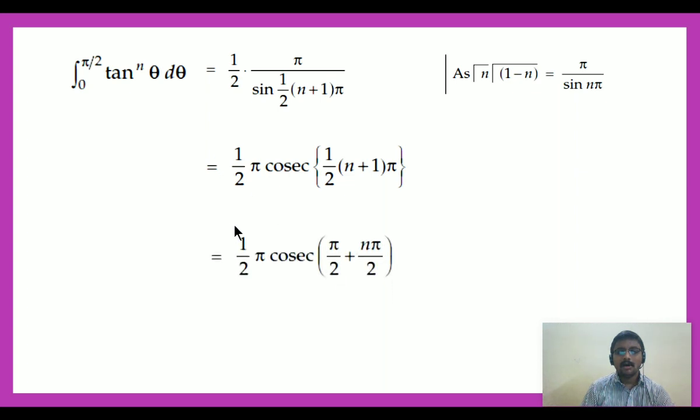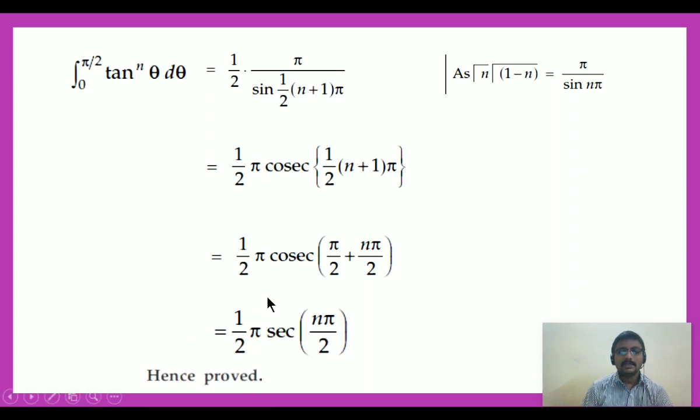So thus we will have half into pi cosecant of, just multiply with pi by 2, we will have pi by 2 plus n pi by 2. Don't forget 1 by sine is cosecant. So it is the required value of integral 0 to pi by 2 tan power n theta d theta.